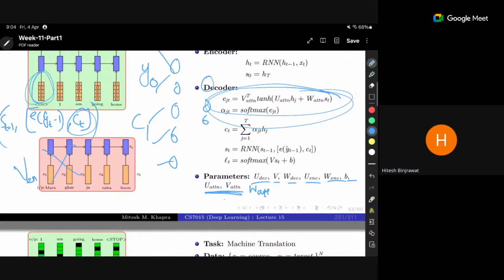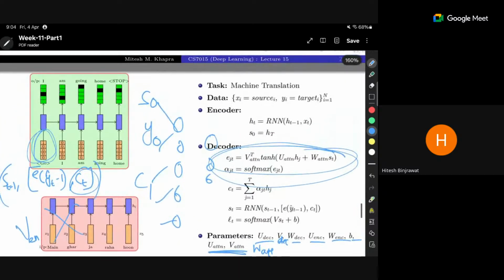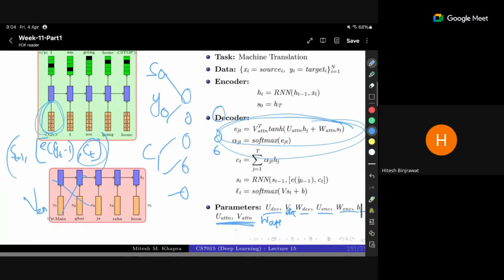Only V decoder is there. We don't do any predictions in the encoder. All the predictions will be in the decoder. Here we just want this vector, the final HT, which we are going to send to the decoder, and then the rest of the work will go on as it is.